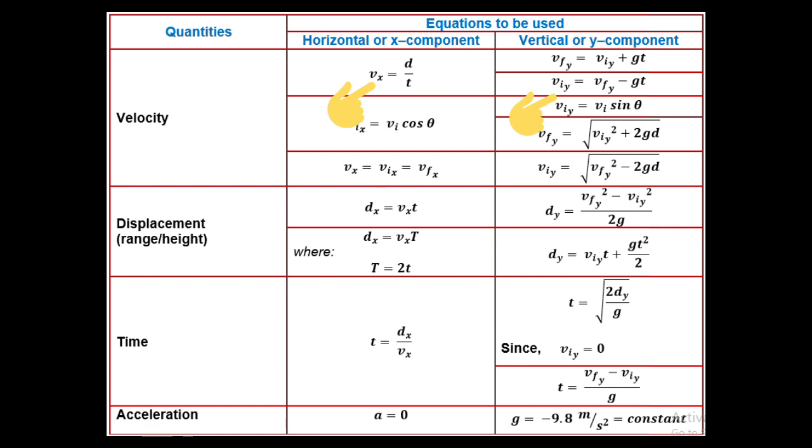Obviously, x stands for the x component and y stands for the y component. Other subscripts include the f and the i. Say for example, vf and vi. So vf, the subscript f, indicates final velocity, while in vi, the subscript i indicates initial velocity.